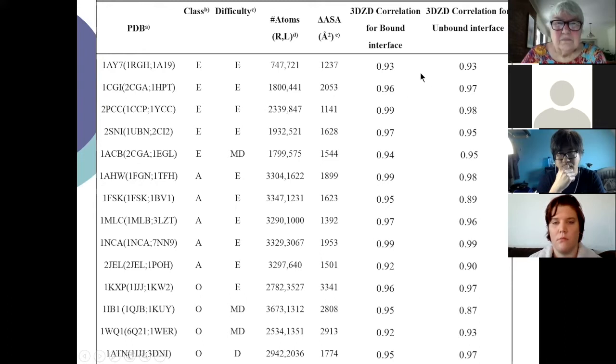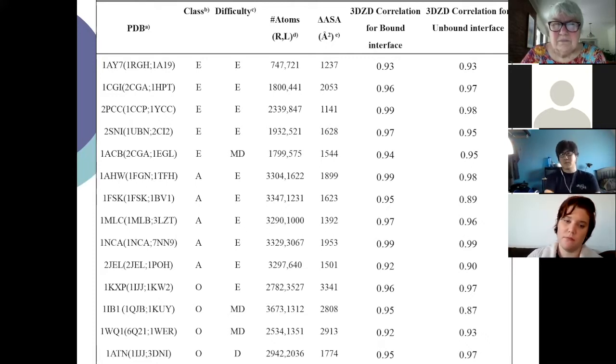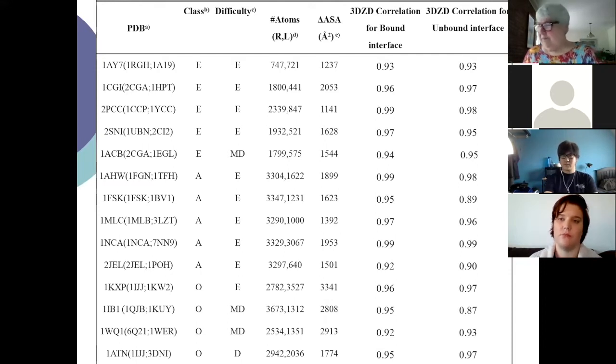The correlation value of Zernike descriptors at the interface in the bound form is in this column: 0.93, 0.96, all very high. If you consider the unbound interface, they still maintain relatively high values. This shows that Zernike descriptors can identify the complementary surface regions.